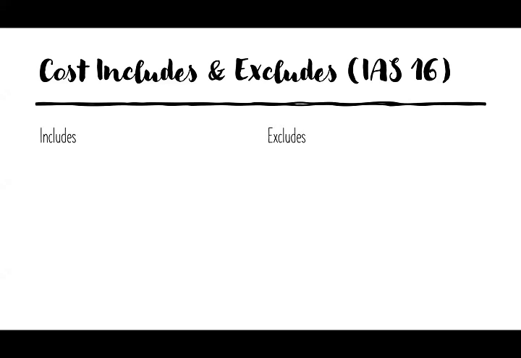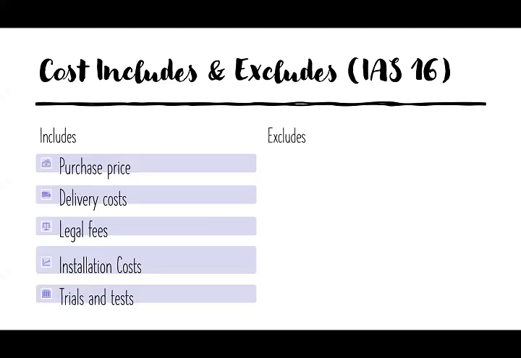So here's the list of what is included and what is excluded. Now, if you look at the including part, you have the purchase price of the asset, its delivery cost, your legal fees, your installation cost, and any cost which you incur in terms of trials and tests before you are sure that the asset is in its working condition. All of these costs, you have to capitalize. You have to record them as part of the cost of your non-current asset.